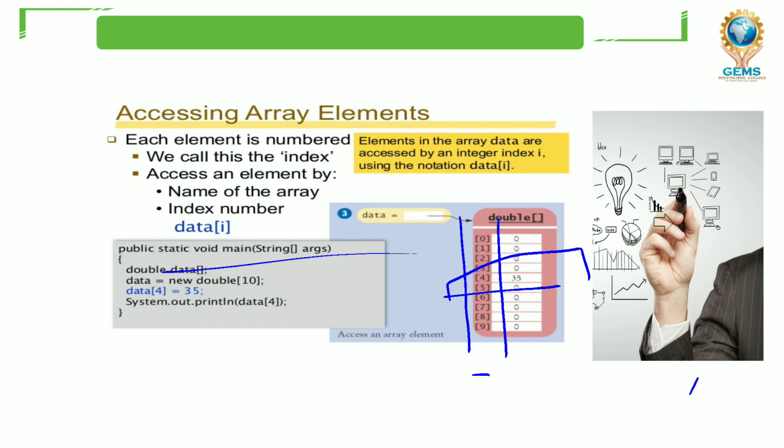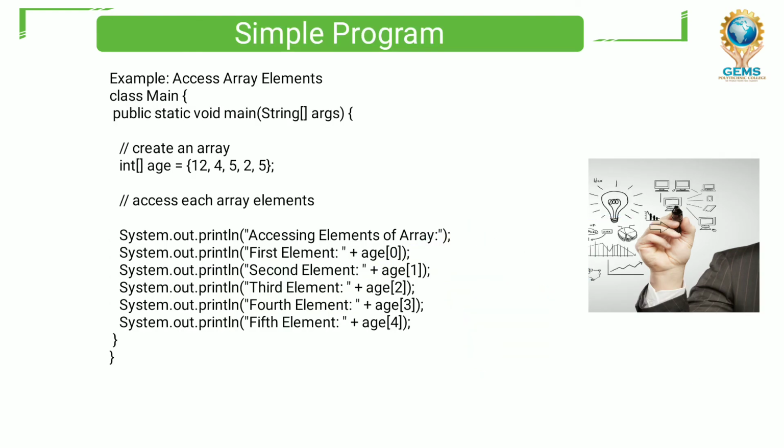Accessing the element is nothing but getting a grip on that particular element. Whatever operation you want to do, you can do on that particular element. That is called array accessing. It is giving full permission.